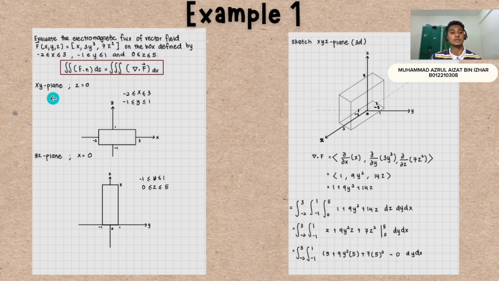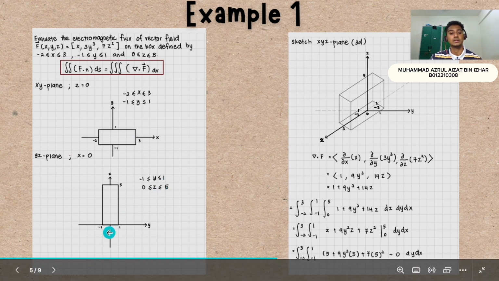First step, we sketch the xy plane. We plot the limits x from -2 to 3 and y from -1 to 1. We can see this object from the top view. Then the zy plane, we apply limits y from -1 to 1 and z from 0 to 5.